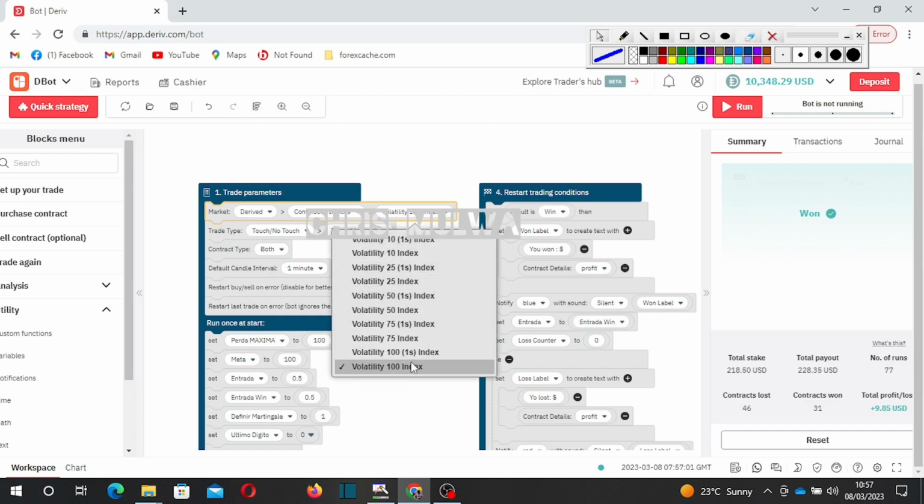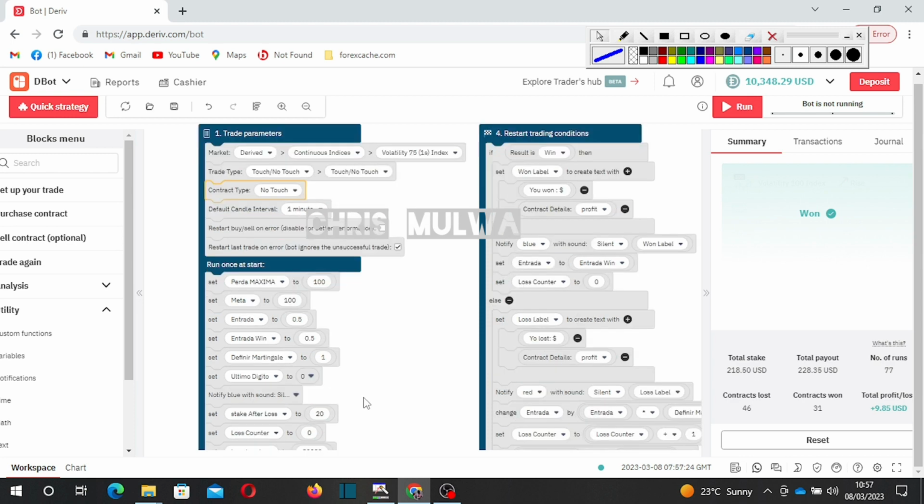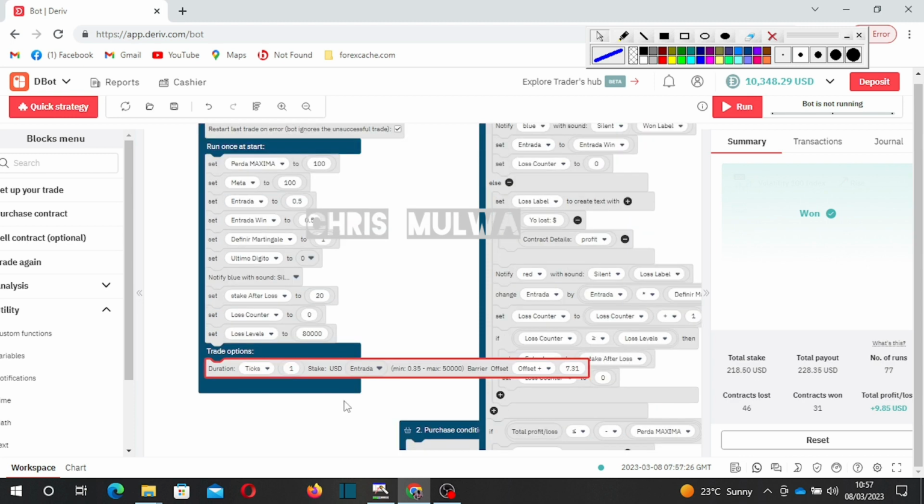Then I said that I will choose V75. I will not choose both, because now I'm choosing no touch. I will use the same stake. Then here you can see that there are red fields. That means that this is the number of ticks.